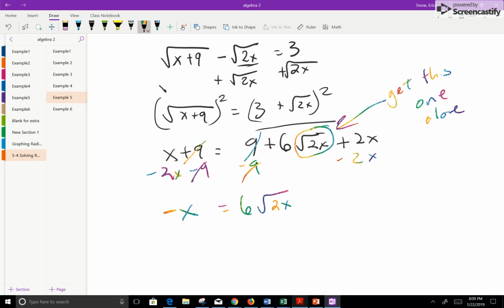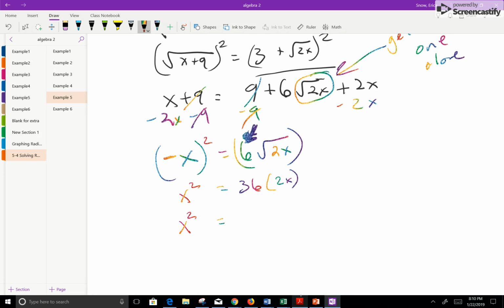And then what we want to do here is just square both sides. Because this 6, even though it's out in front, remember that it doesn't do weird things like addition and subtraction do. So we can leave that 6 out there. And by squaring both sides, we're getting rid of this negative. So we're going to get x squared equals 36 times 2x.